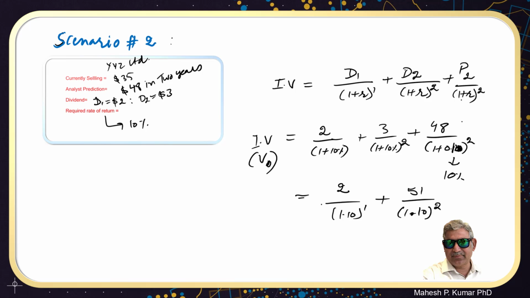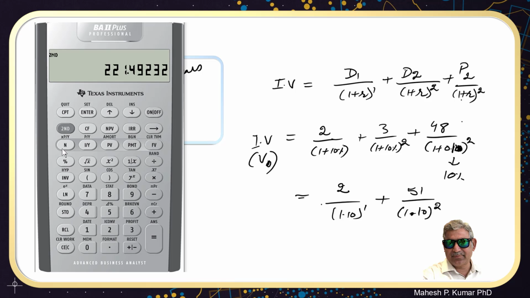Rather than doing this little discounting, we will use the TVM worksheet, second, clear TVM. Now here 51 is to be discounted for 2 years. So 51 is the future value, 10 is I/Y, 2 is N, compute present value.